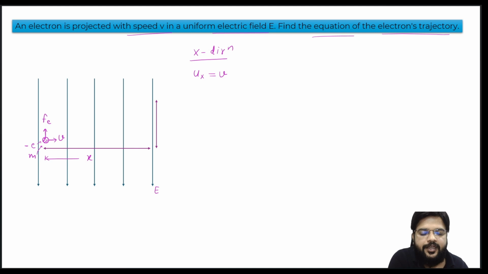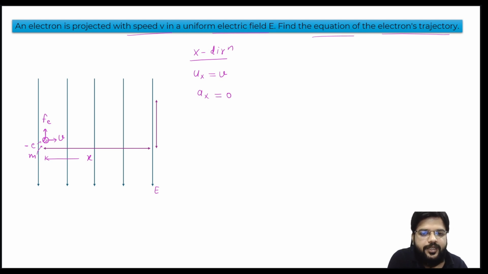In the horizontal direction, force is not acting on this particle, so acceleration is 0, everyone. ax is 0. So the velocity of this particle in the horizontal direction is v, and the acceleration in the horizontal direction is 0. Correct?